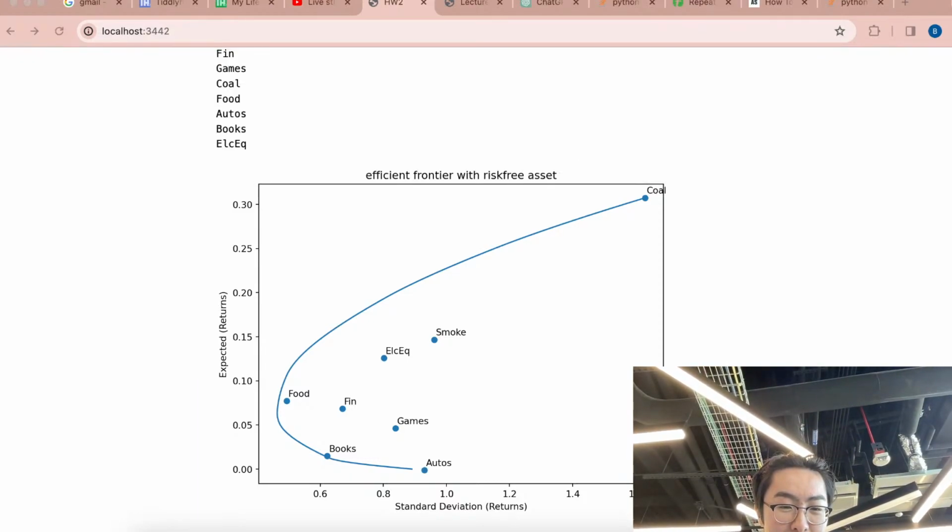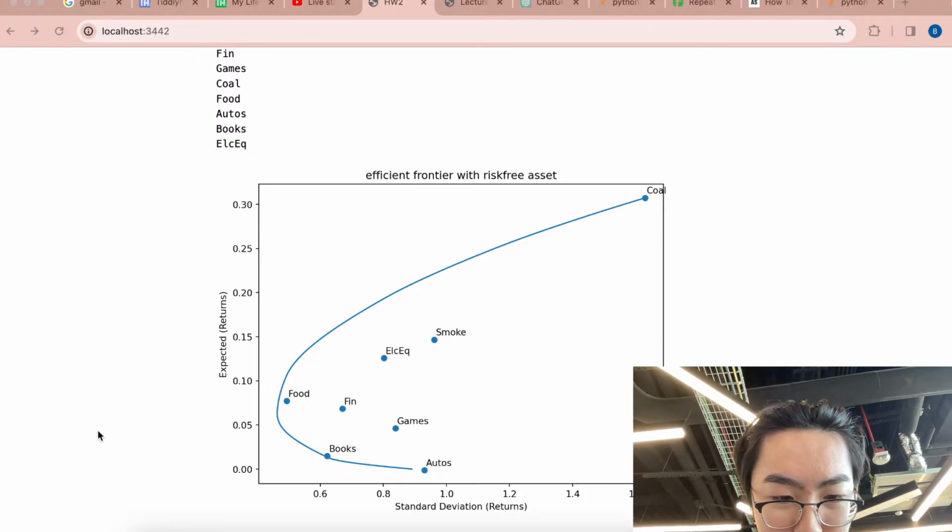Let's see. It's not super smooth though. It looks kind of like a stick figure. A badly drawn stick figure.